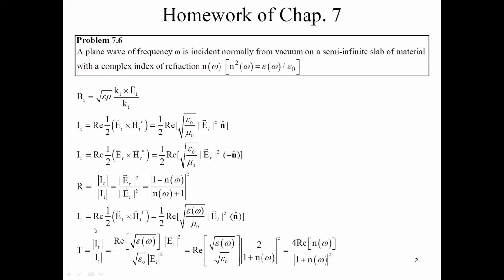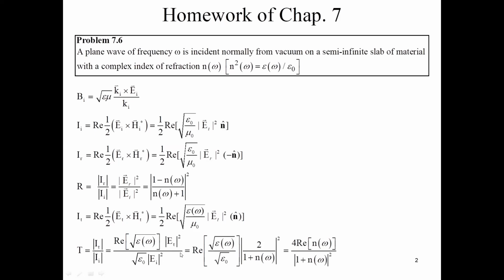And in a similar way, we can also get the transmitted power. The transmitted power is equal to this. So the transmission coefficient will also equal the transmitted power over the incident power. So it becomes this term.